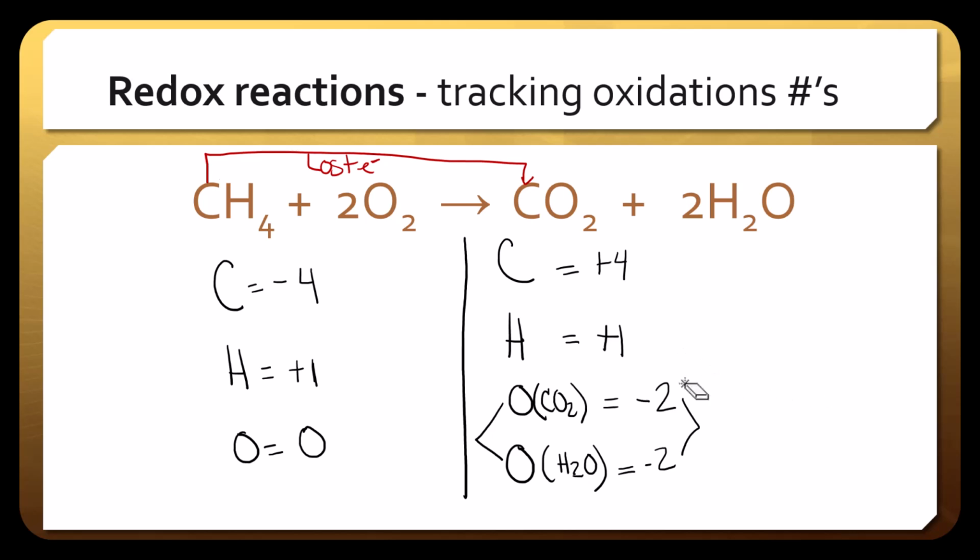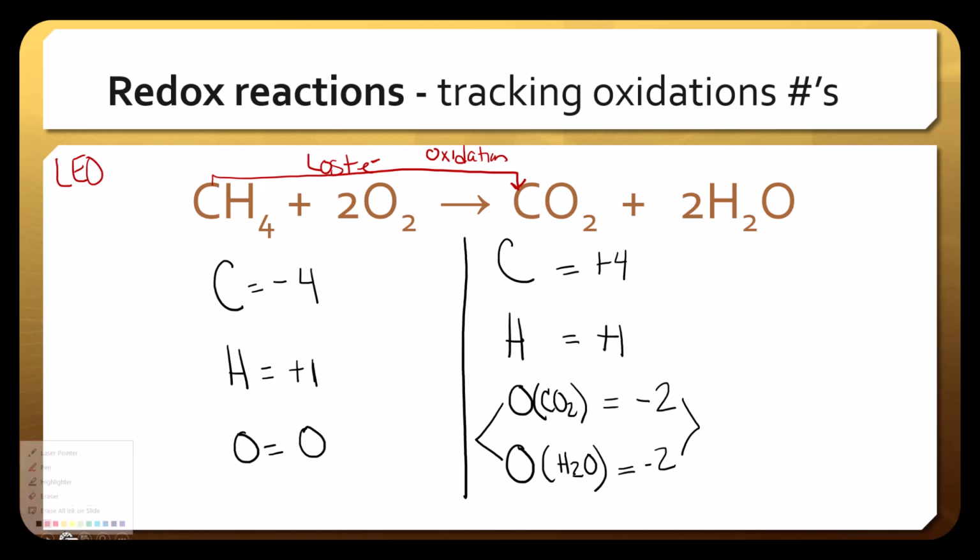electrons. Okay. Remember our little acronym, Leo the lion says GER. So lose electrons, oxidized. This is the one that undergoes oxidation. Lost electrons, and that was the oxidation.